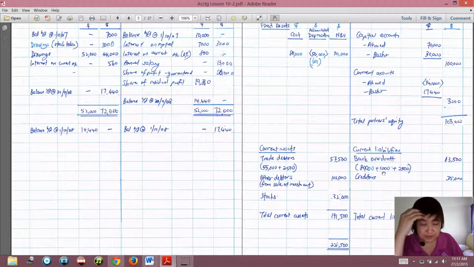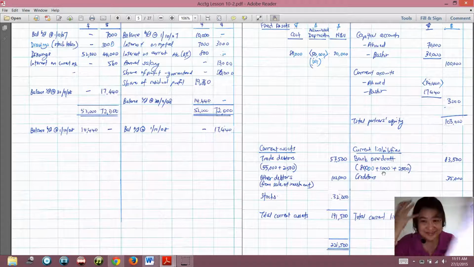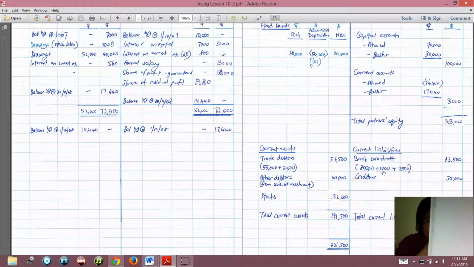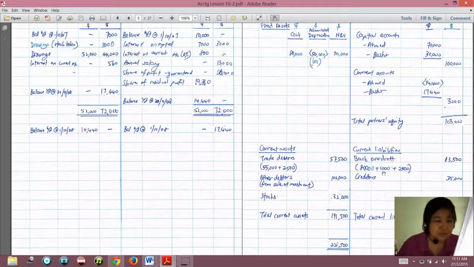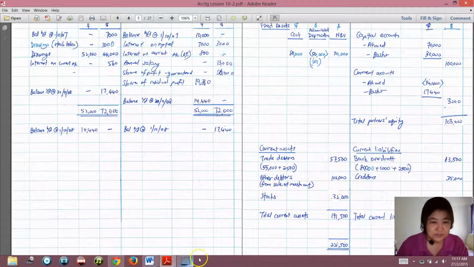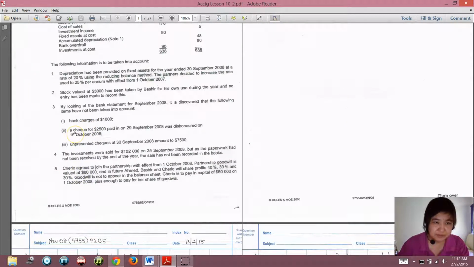Okay, dishonored, that means the check bounced. Then the check paid in on 29 September 2008 was dishonored on 10 October 2008. You see, I read carefully. This one is very tricky.